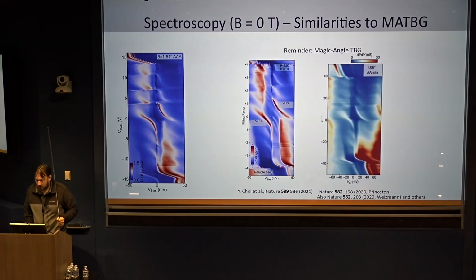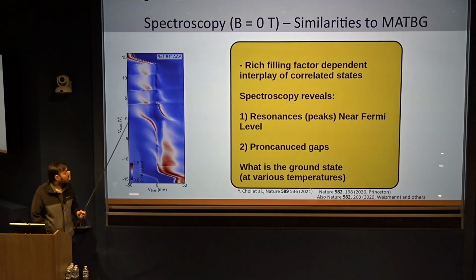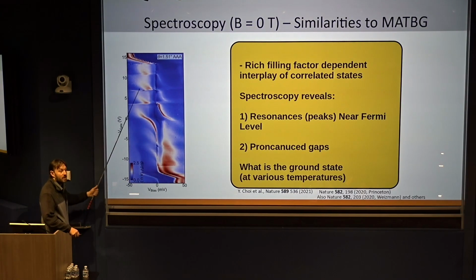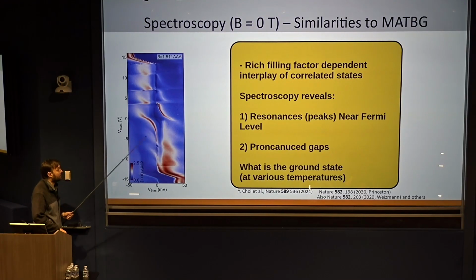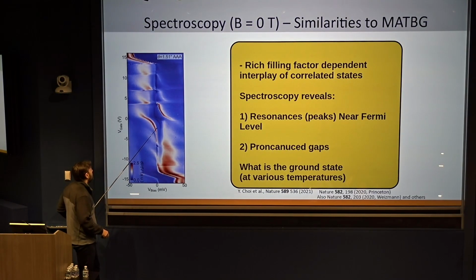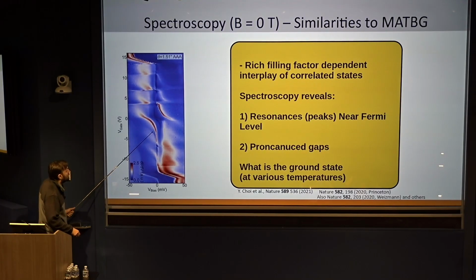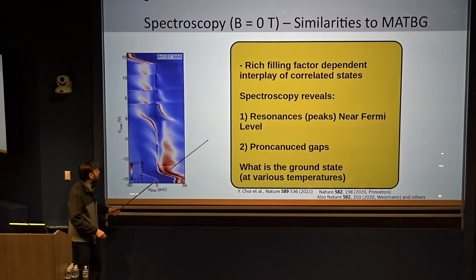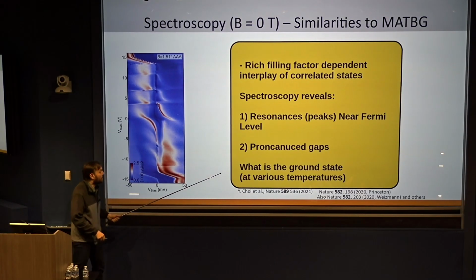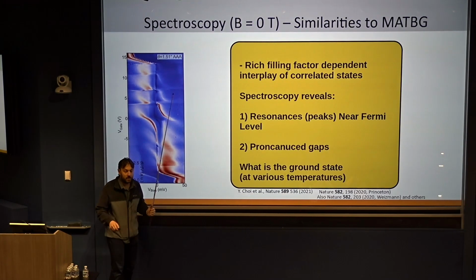So now you can see many features here, especially at the Fermi level where the transport is the most sensitive, and you can ask all kinds of questions, like where particular resonances originate from, what is the origin of the observed gaps, and what is the ground state of the system at various temperatures.